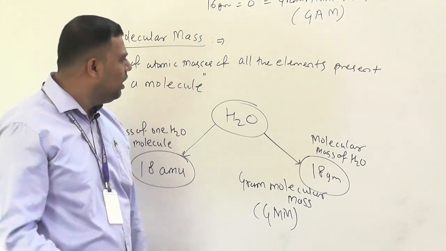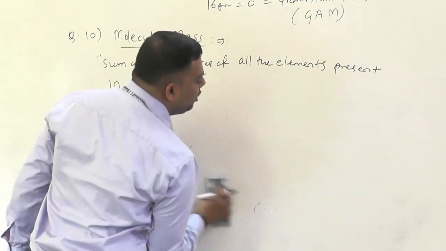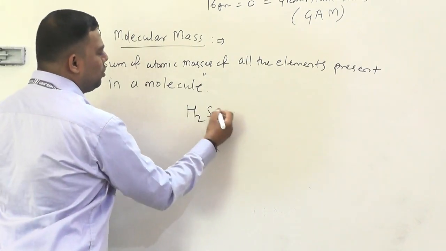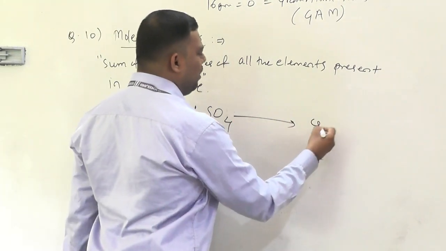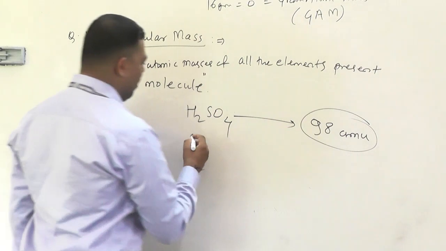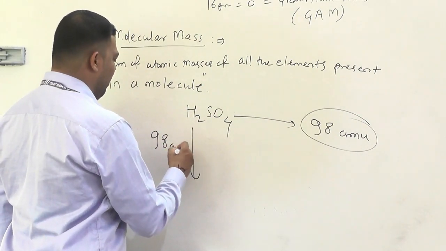Suppose I write another example here: H2SO4. As you know, it is 98. Suppose I write 98 AMU, and suppose I write 98 gram.